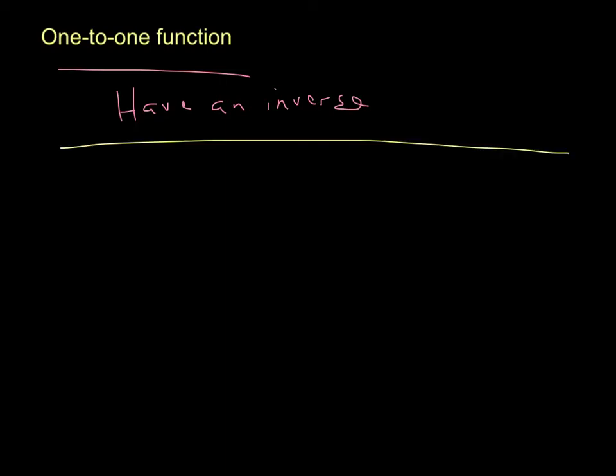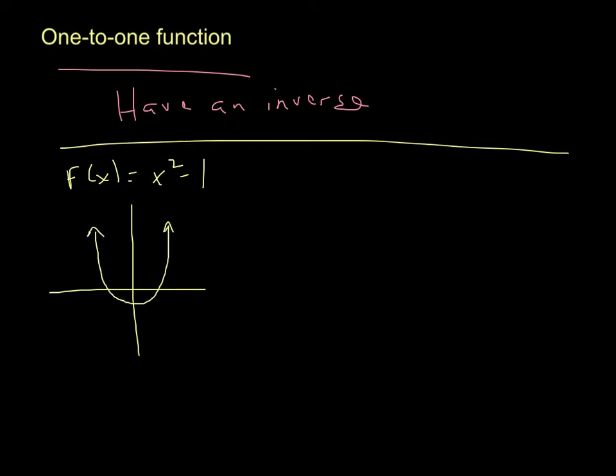Okay, let's consider the function f of x equals x squared minus 1. Think about the graph of that function. We know that function is going to be a quadratic, and the graph of that function would look something like this, coming down to (0, -1).